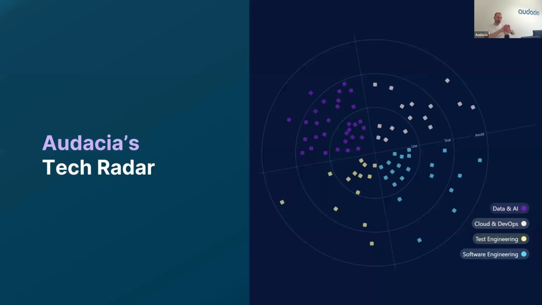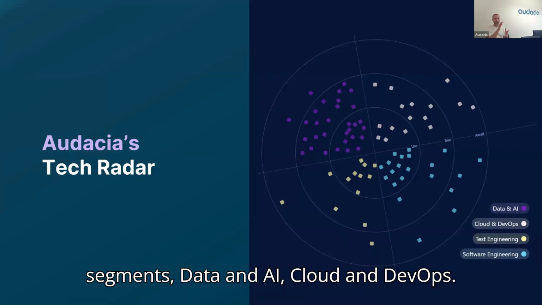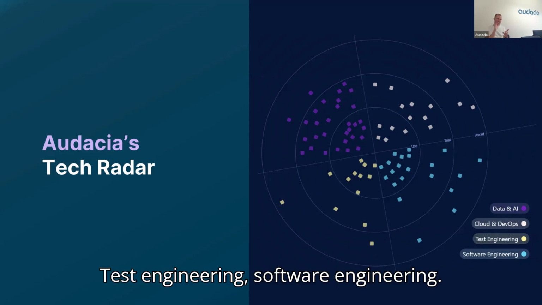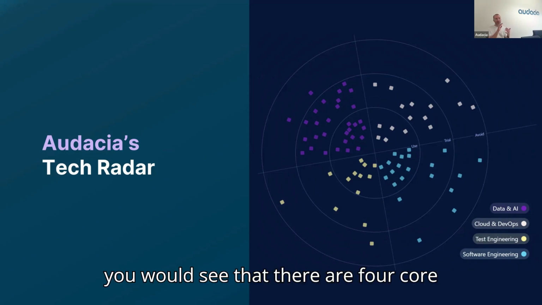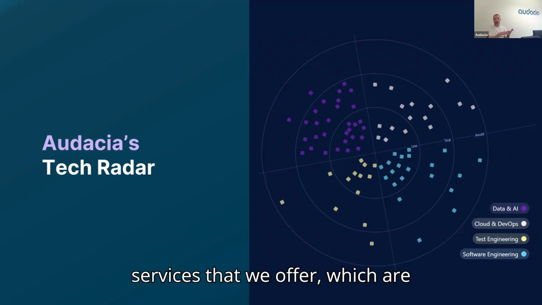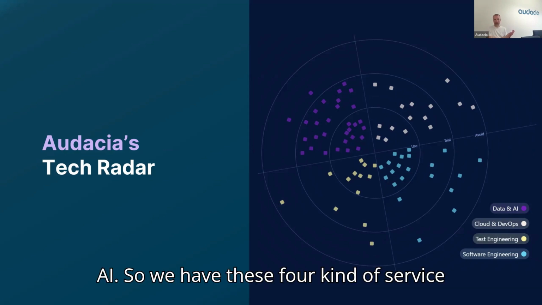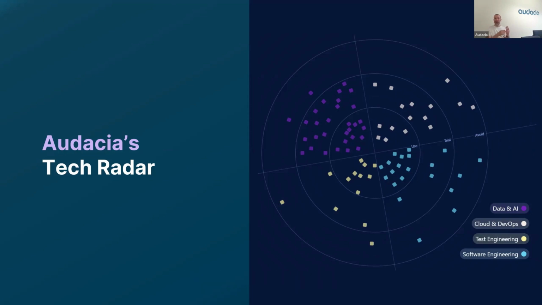So as you can see in the bottom right corner, we've got 4 segments: data and AI, cloud and DevOps, test engineering, software engineering. So if you were to go on our website, you would see that there are 4 core services that we offer, which are engineering, cloud, data, AI. So we have these 4 service pillars that we offer.